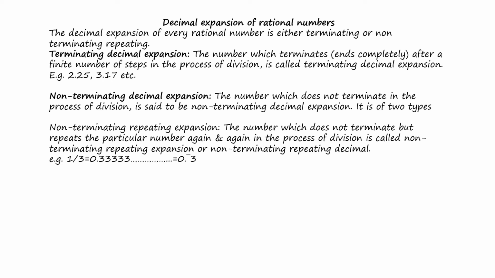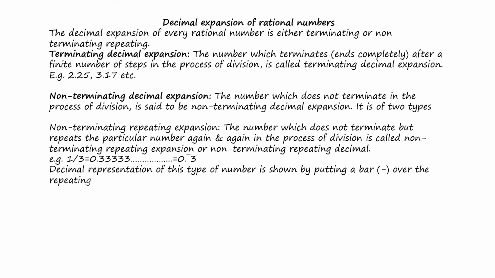For example, if we divide 1 by 3, 1 by 3 is 0.333, it continues, so we can write it as 0.3 bar. So the decimal expansion of this type of number is shown by putting a bar over the repeating digits. In the above example, 3 is repeating, so we put a bar over it.